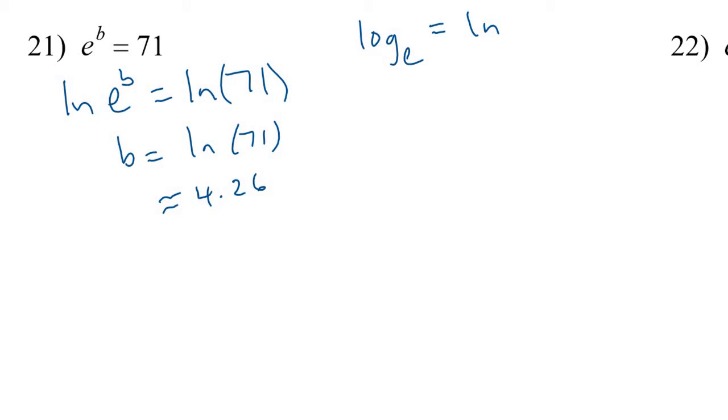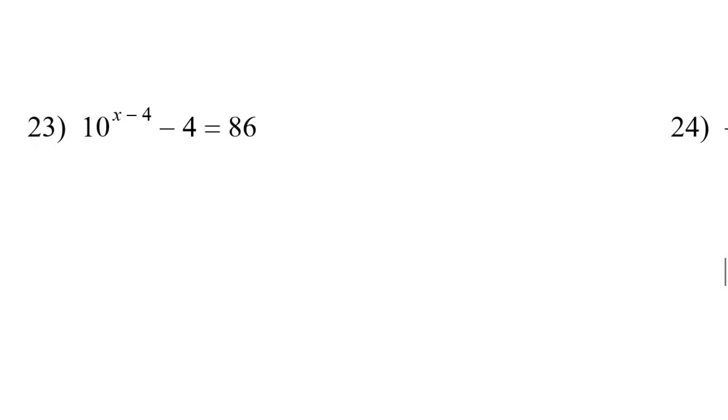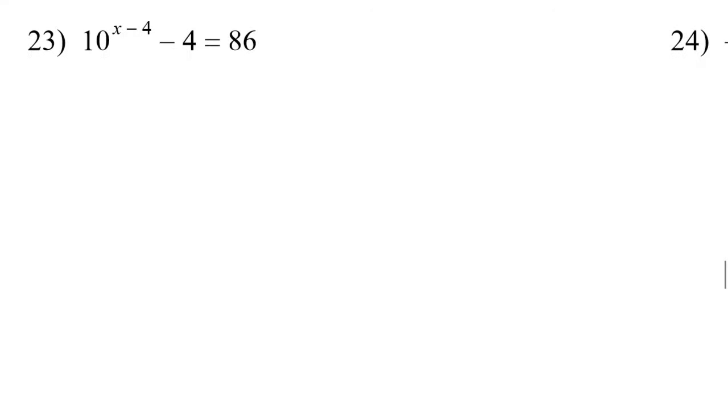All right, there are other situations that need a calculator, like, for example, this. I need to get rid of this 4 first, so I add 4 to both sides. So 10 to the power of x minus 4 equals 90.